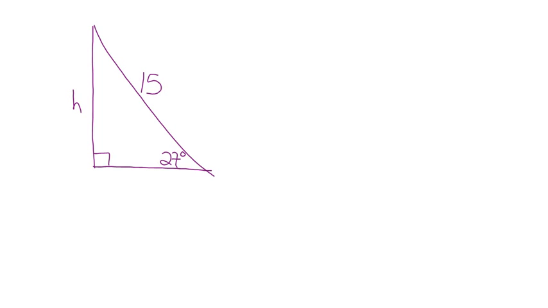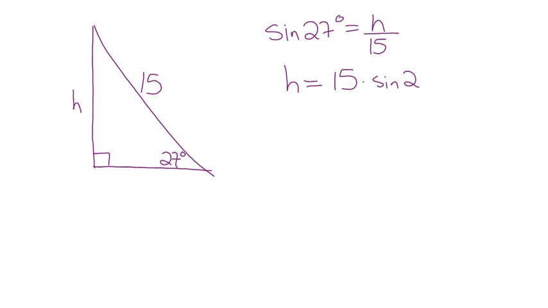Opposite. What's the name of 15? Hypotenuse. Which ratio relates opposite and hypotenuse? So the sine of 27 degrees is h over 15, which means h is 15 times sine 27, which is 6.8. What units? No units. There are no units in the question, so it's just 6.8. It's just a number.